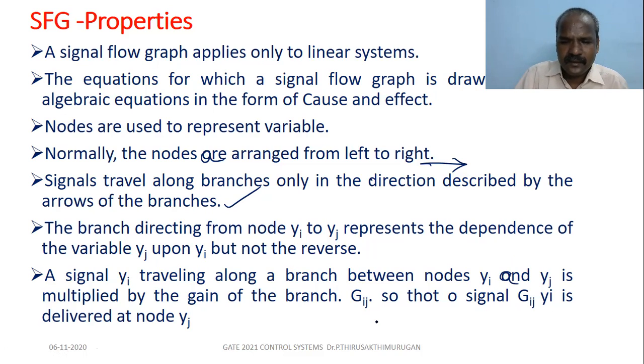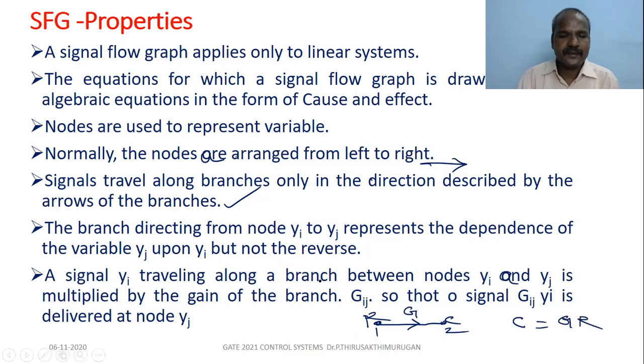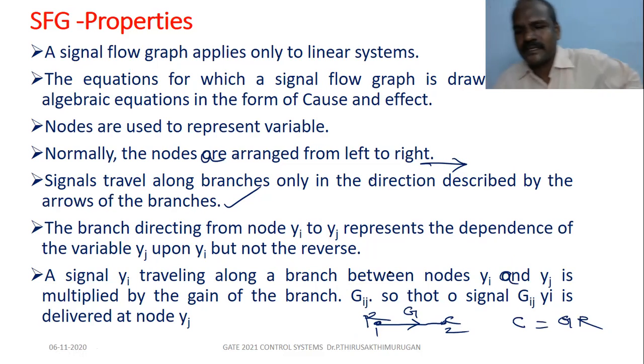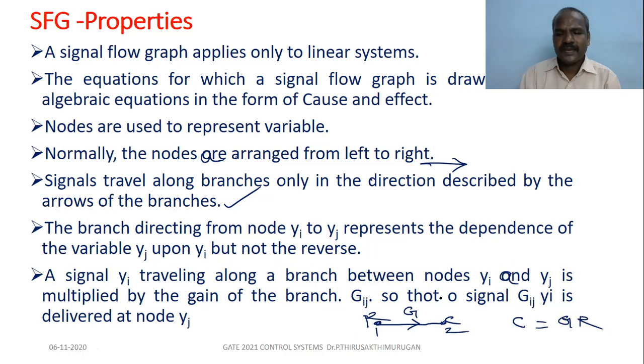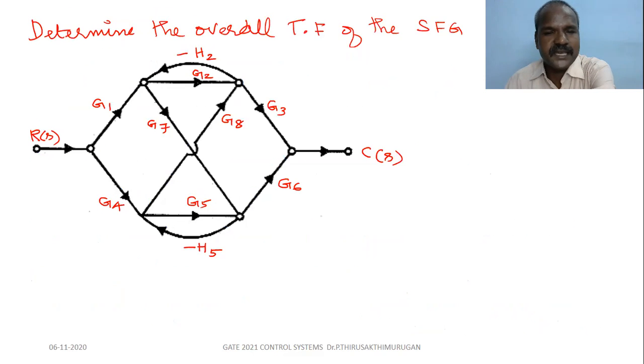Suppose it has gain G, and this is R, this is C. So C equals G times R. So when the branch between nodes yi and yj is multiplied by the gain of the branch gij, a signal gij yi is delivered at the node yj.